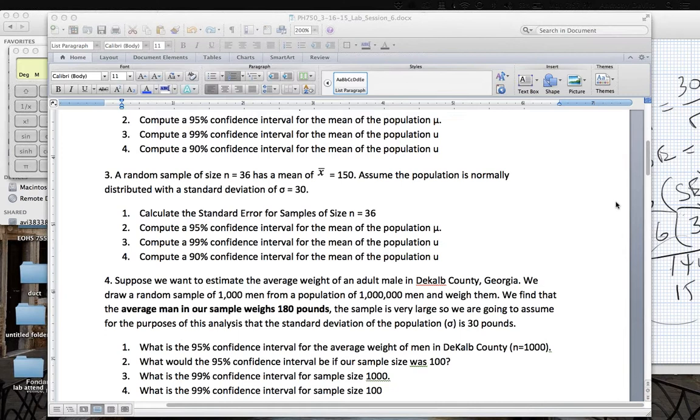Somebody at home want to type in the lower limit and the upper limit for the 95% confidence interval? I think yours is updating quicker than mine. Oh, there you go. Okay, I see him. Oh, excellent.